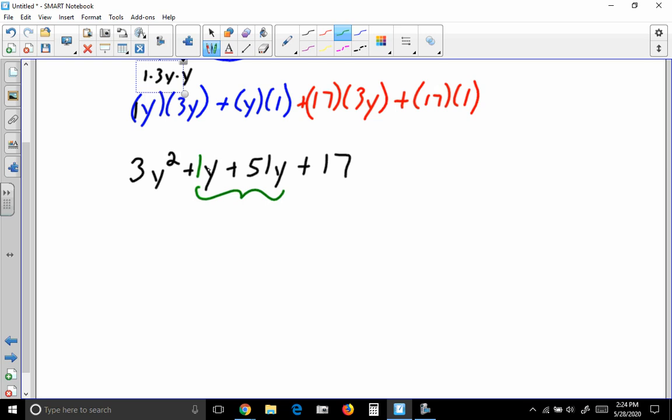If I have one apple and I get 51 more apples, what I have are apples. 1 and 51 more makes 52. So that's how many apples. We have y squared. Well, y squareds are different than y's, so remember we can't combine those. We have to leave them separate and then bring down our 17.